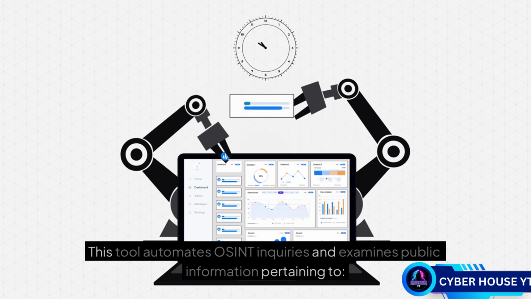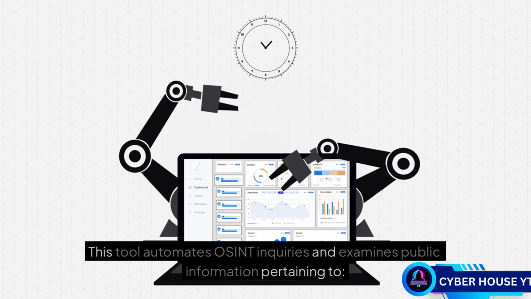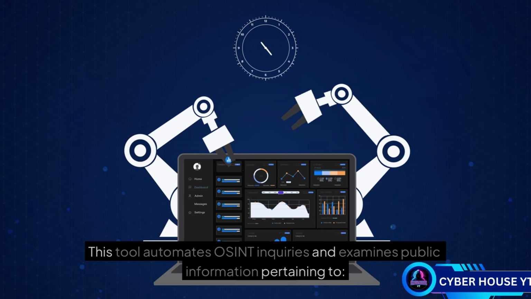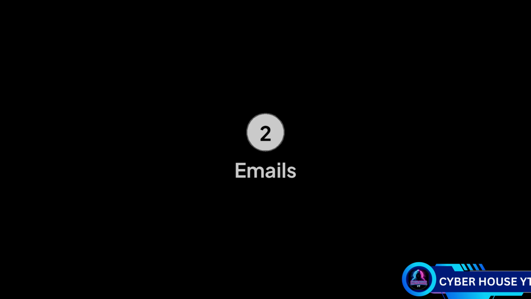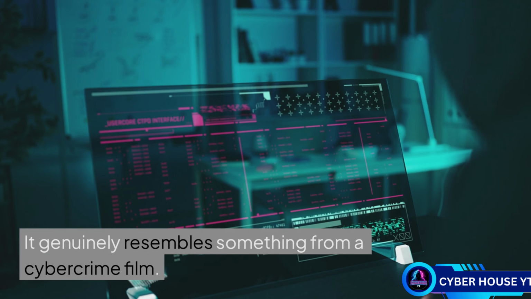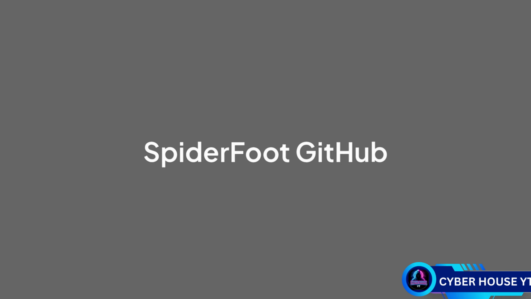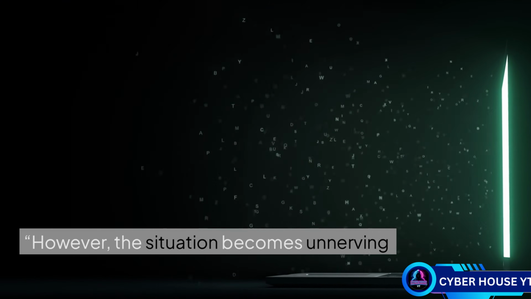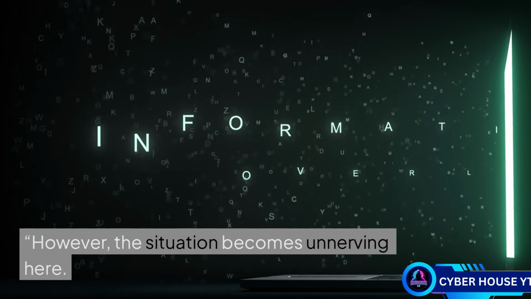This tool automates OSINT inquiries and examines public information pertaining to usernames, emails, domains, exposed data, social profiles, and online digital exposure. It genuinely resembles something from a cybercrime film. Spiderfoot GitHub.